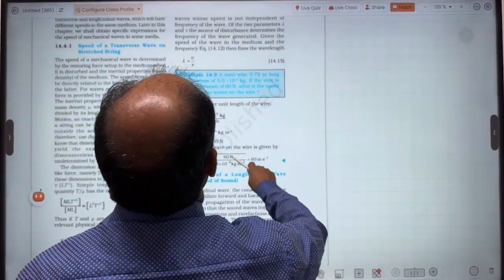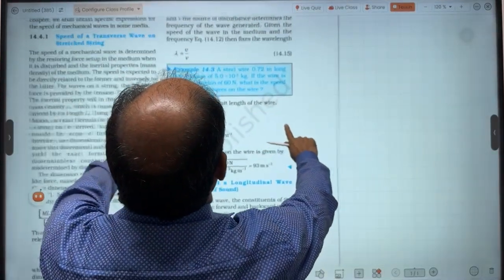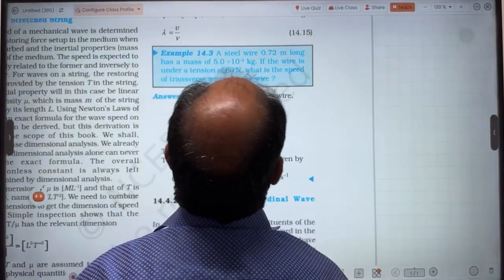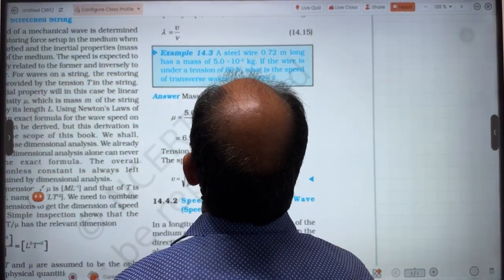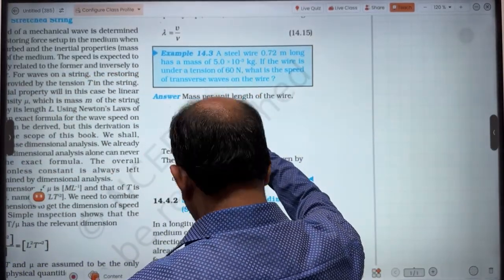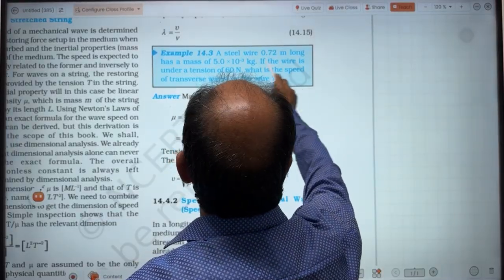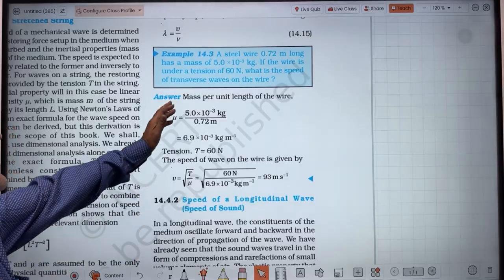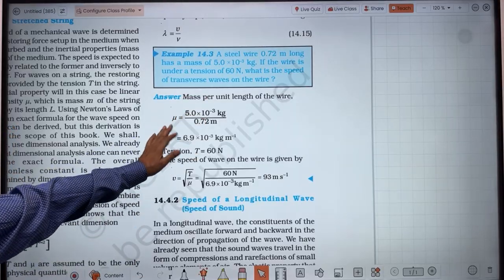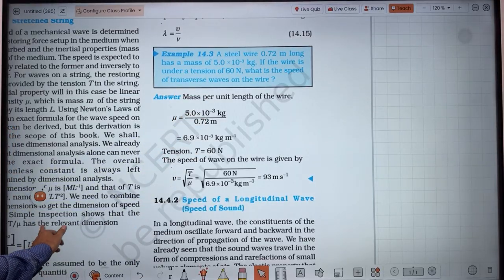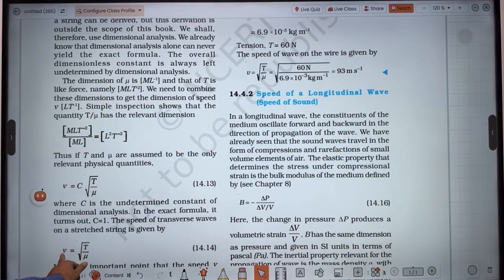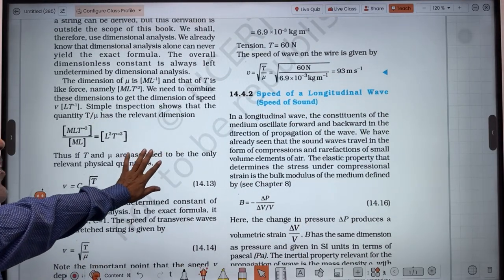So here we are going to see one question based on this concept. A steel wire 0.72 meter long has a mass of 5 into 10 power minus 3 kg. If the wire is under a tension of 60 Newton, what is the speed of transverse waves on the wire? As you have seen, the speed of a transverse wave is given by v equal to root of T upon mu.